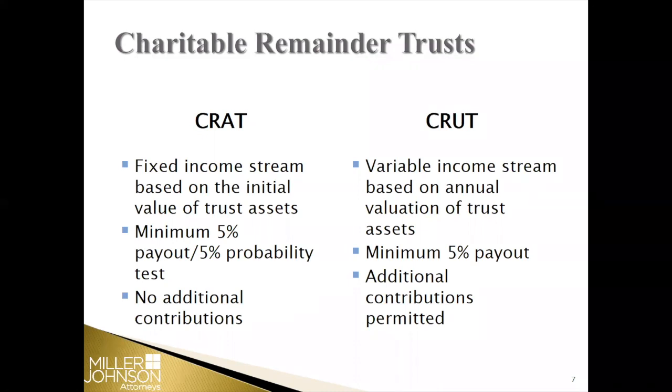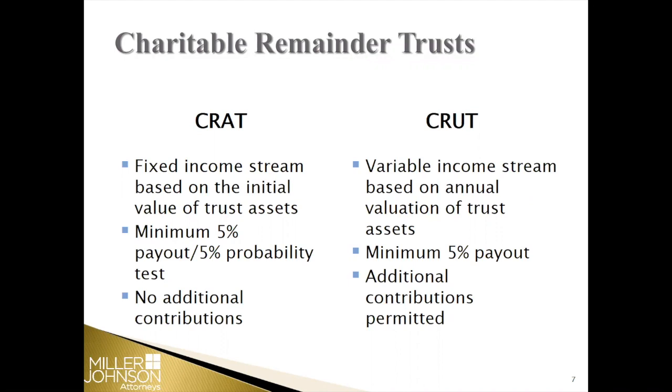And because it's a fixed annuity payment, the service wants to make sure that a 5% probability test is satisfied from inception. And what that means, there's a formula which is used to determine if the assets of the trust will become exhausted.